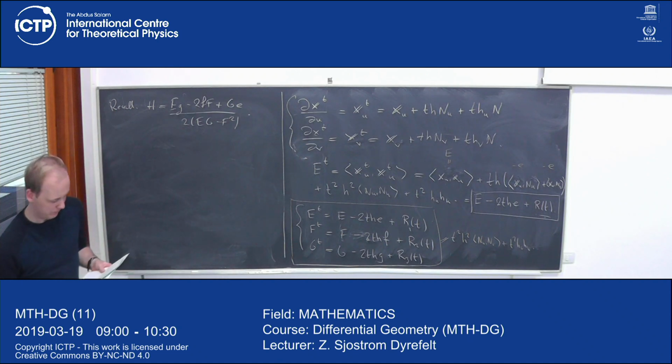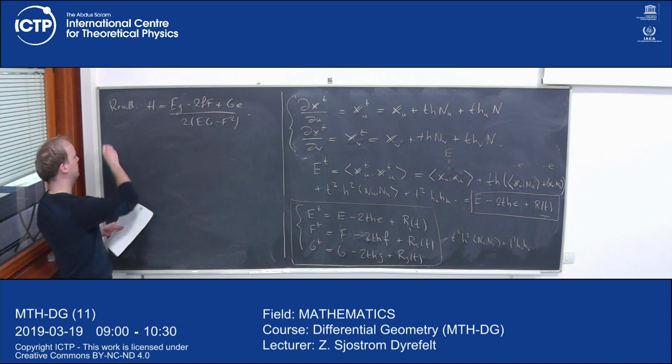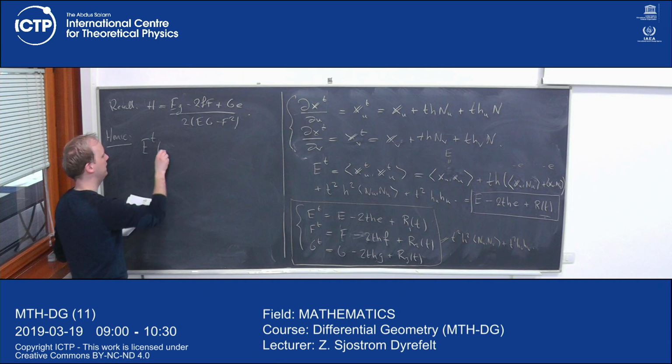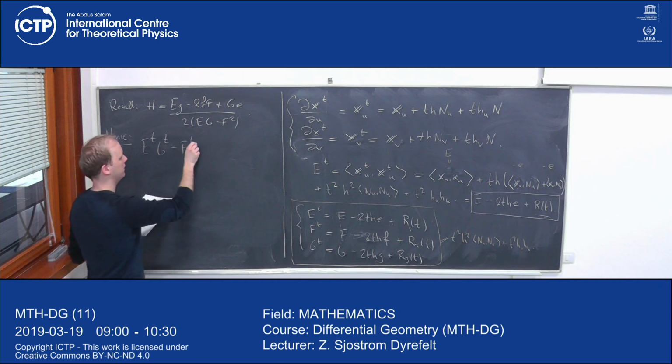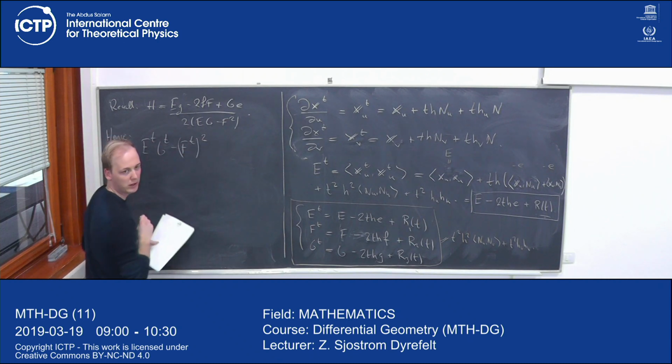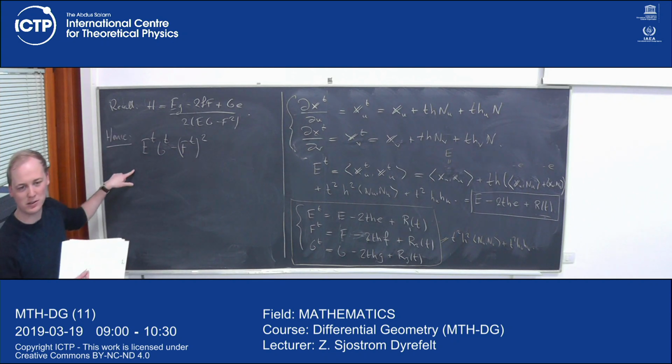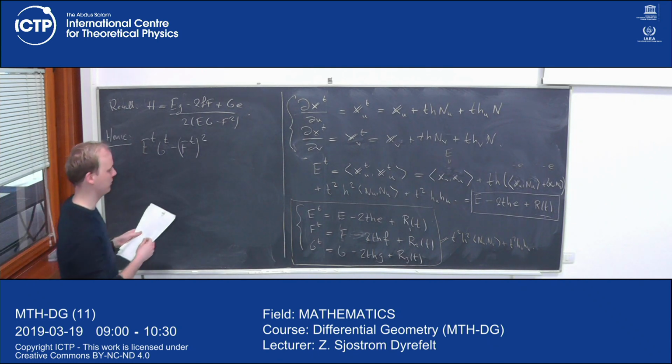And because of this, now we want to compute this quantity, ET, GT minus FT squared. Why do we want to compute it? Well, you remember that the area is computed as the integral of the square root of this quantity. So we're interested in this quantity.